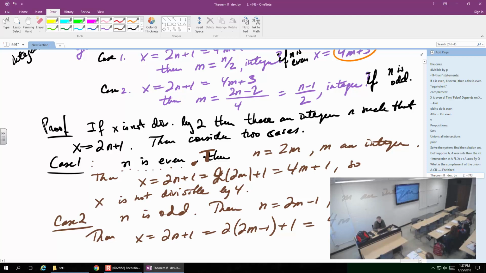I ended up with minus, but it doesn't really matter. I could have put minus or plus. Well, let's put plus here, like this, plus 3. Okay? Substitute 4m plus 3, and so the conclusion is the same: x is not divisible by 4.